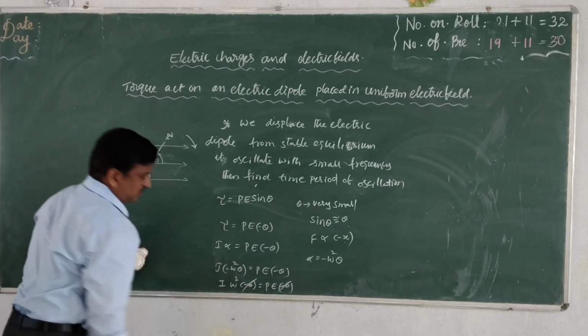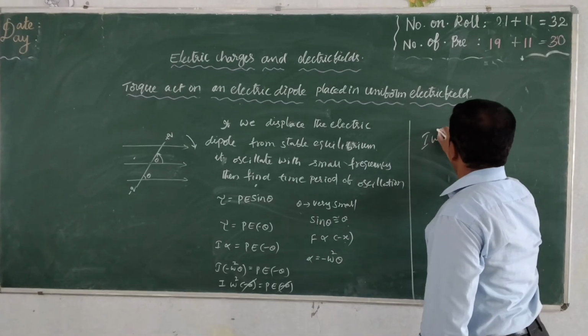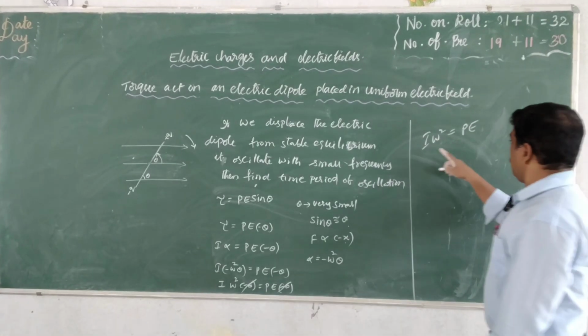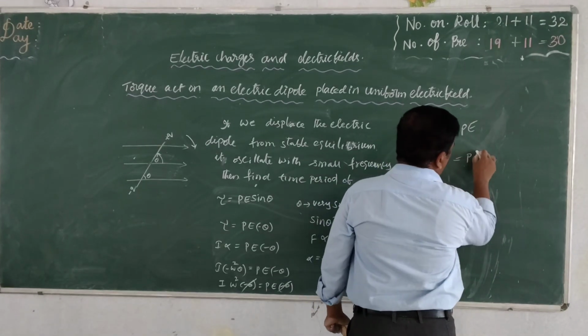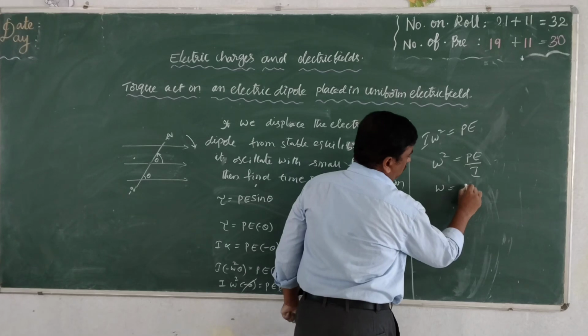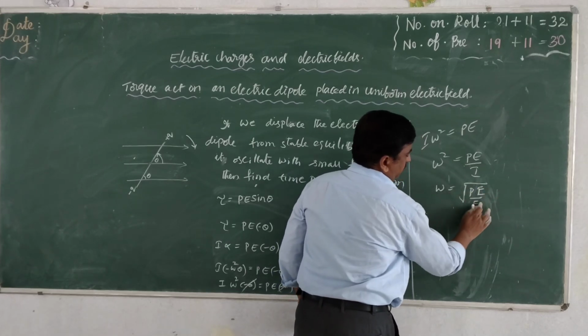The minus theta cancels, and we get I omega square equals Pe. So omega square equals Pe by I, and omega equals root of Pe by I.